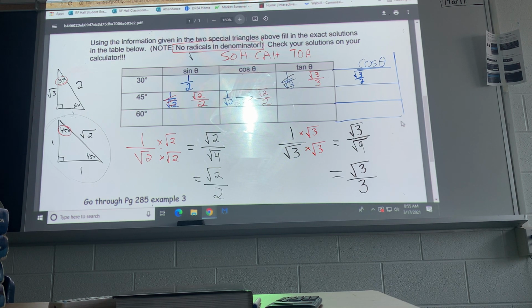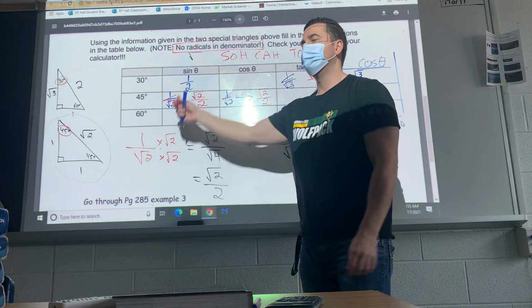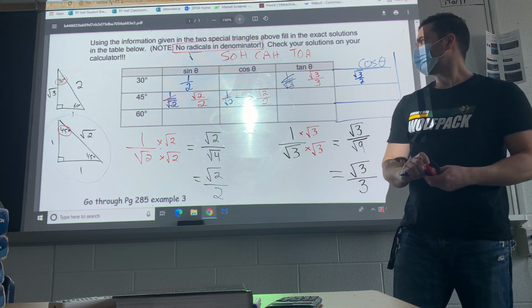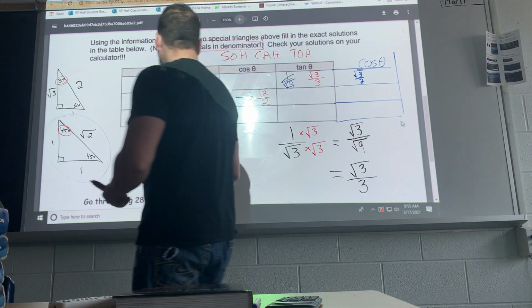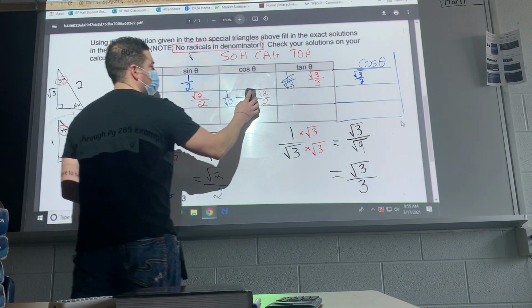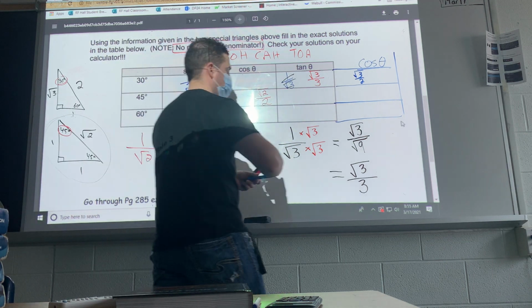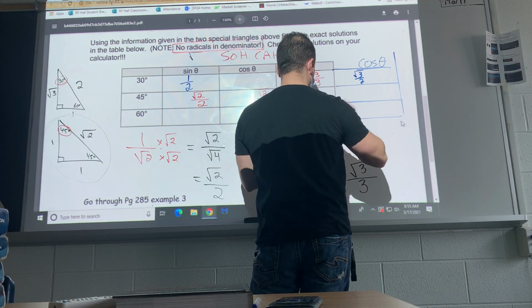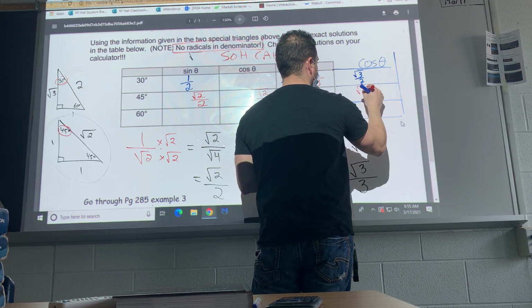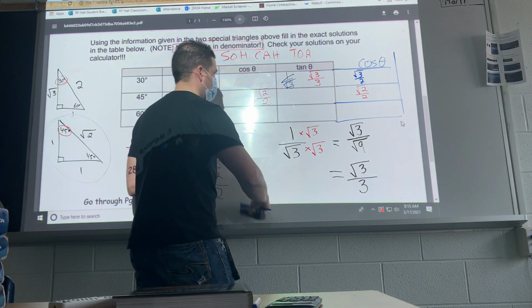When you're doing the homework, guys, I would suggest maybe having this chart with you. I'm just going to erase these. Sorry, put it over here. So root 2 over 2, the cos.